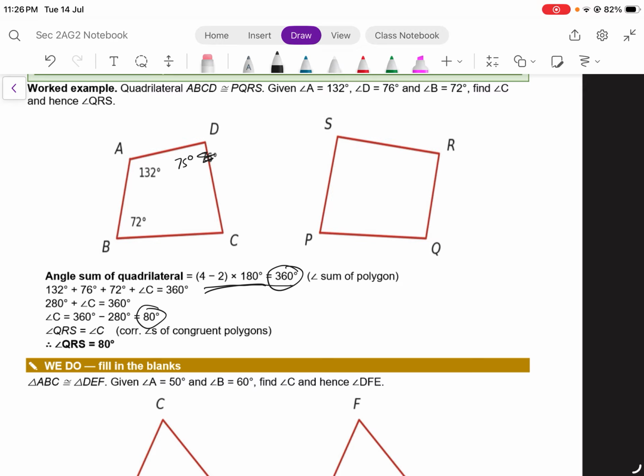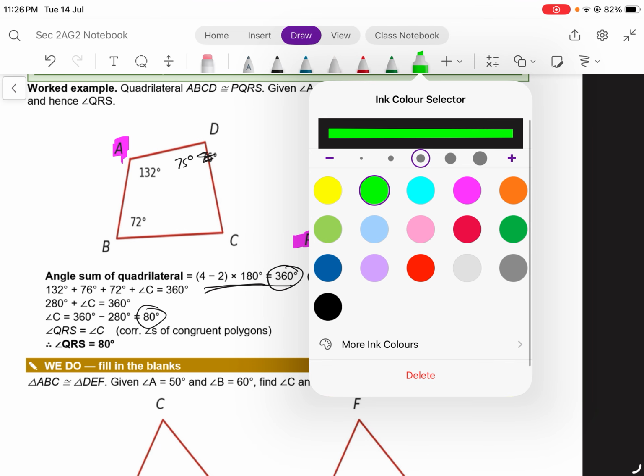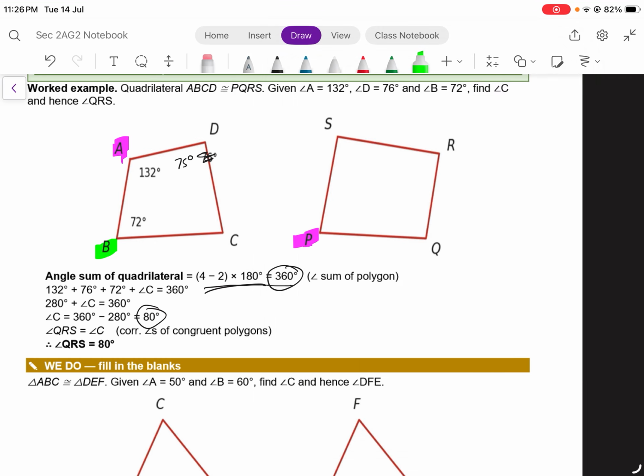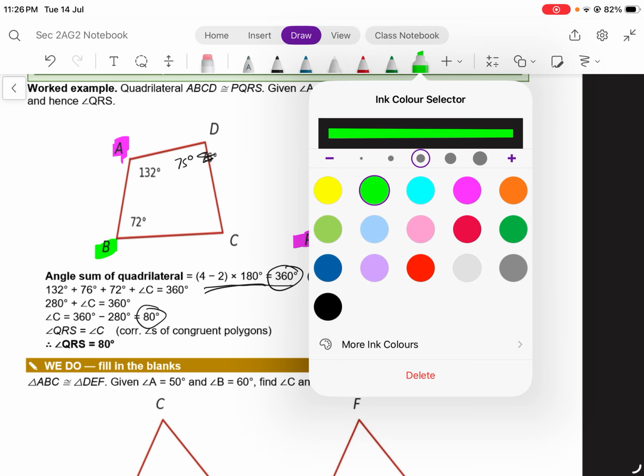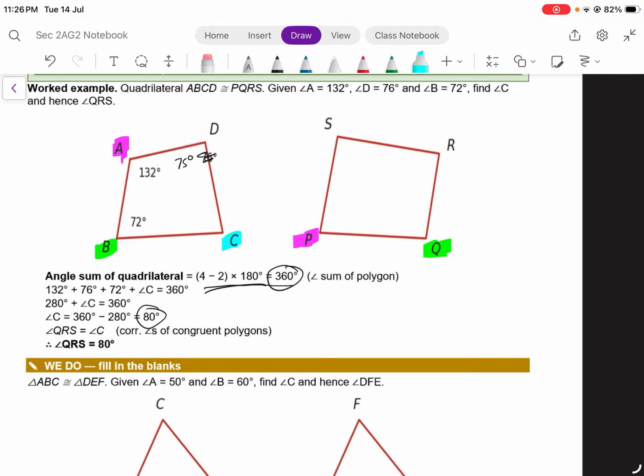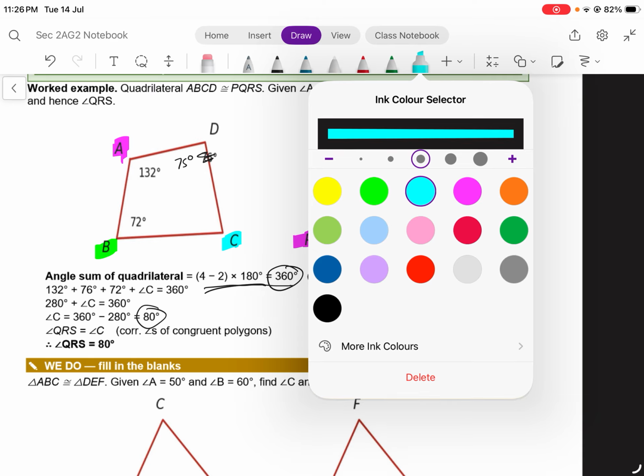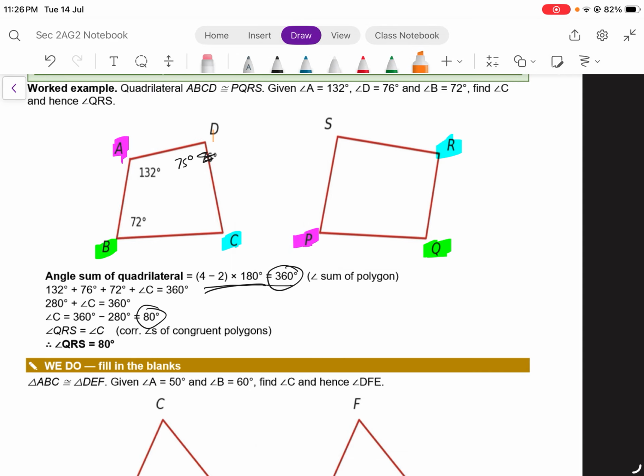Okay, so now they want us to find QRS. Now, A with P, B with Q, C with R, and D with S. So they want to find QRS.